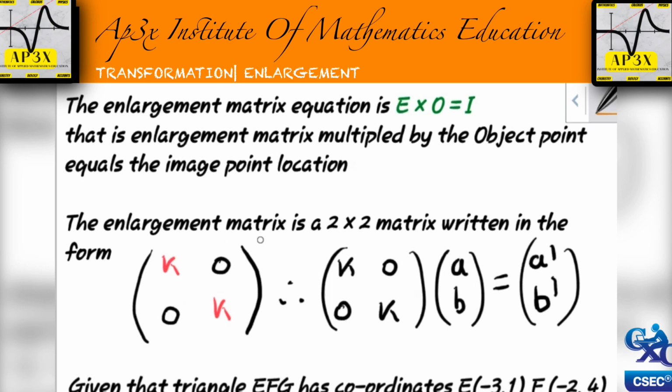So it's always going to be K, 0, 0, K. That means if the scale factor is 2, then the matrix is 2, 0, 0, 2. If the scale factor is -3, then it is -3, 0, 0, -3. If the scale factor is 1/2, then it is 1/2, 0, 0, 1/2. And if the scale factor is -3/4, it is -3/4, 0, 0, -3/4.